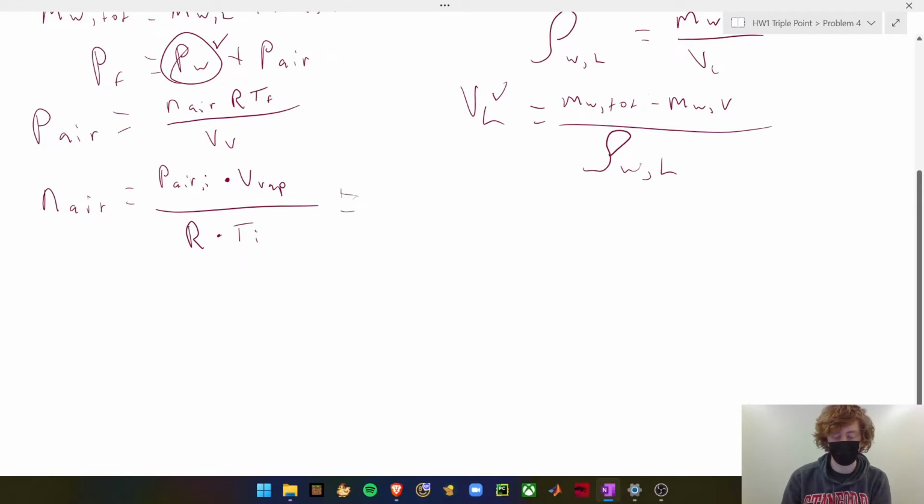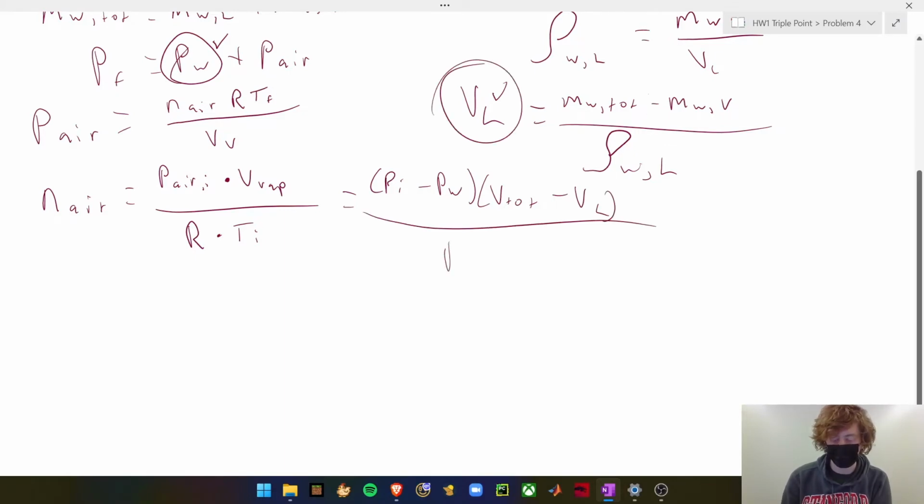So we know that the pressure of the air initially can be expressed as the initial pressure minus the pressure of the water. And we know that the volume of the vapor phase can be expressed as the volume of the water total minus the volume of the liquid, which we have right here, all over R times the initial temperature.